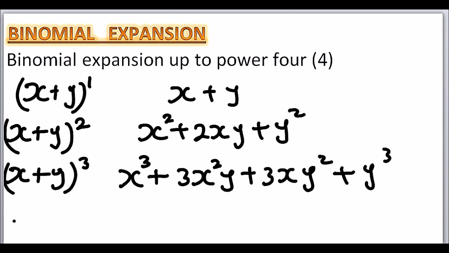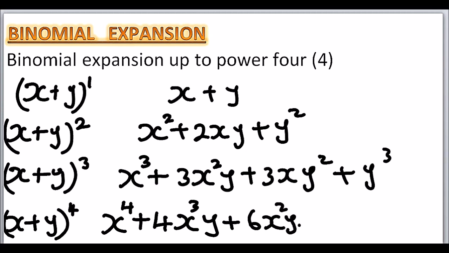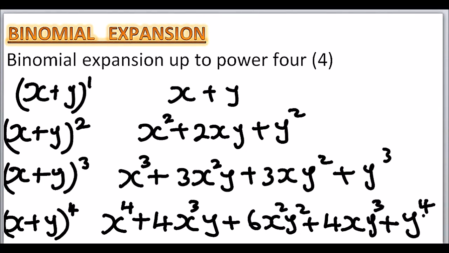Finally, we got x plus y in bracket to power 4. This we got x power 4 plus 4x cubed y, plus 6x squared y squared plus 4x y cubed, and finally we had y to power 4.